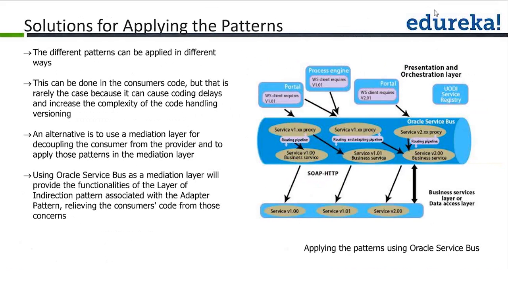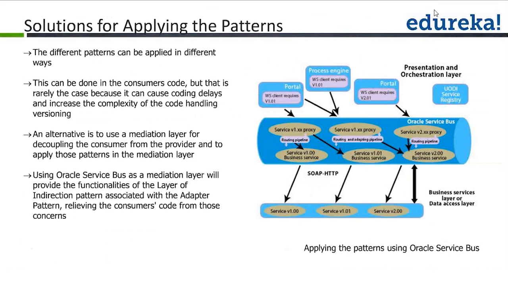The second property of ESB is mediation, right? The third property of ESB is orchestration. The fourth property of ESB is data massaging. And the fifth property of ESB is data validation. So I am sure you guys are familiar with these terms. If not, maybe quickly you can put it as a note.